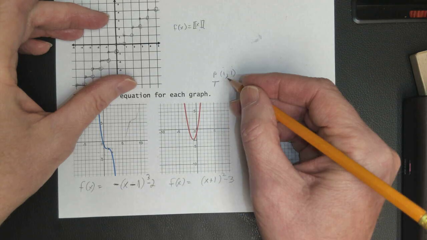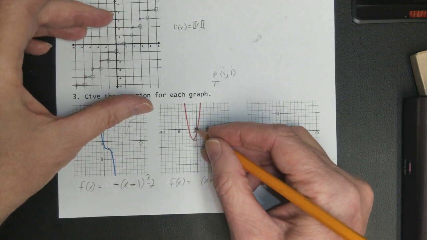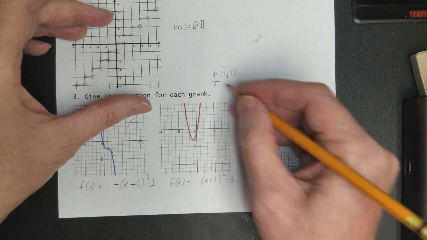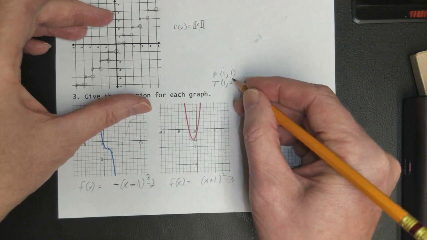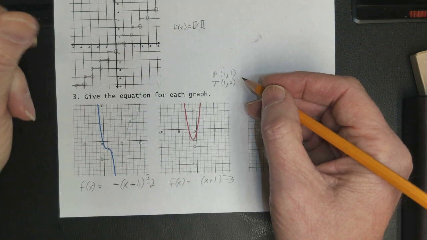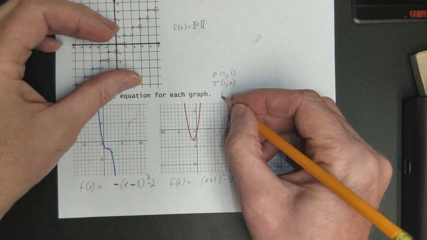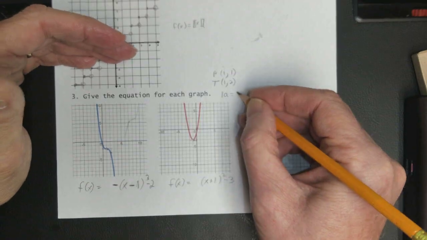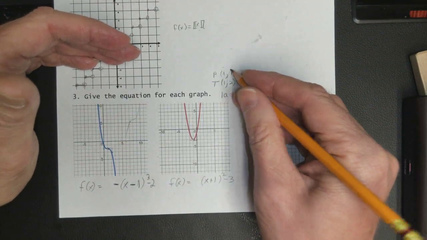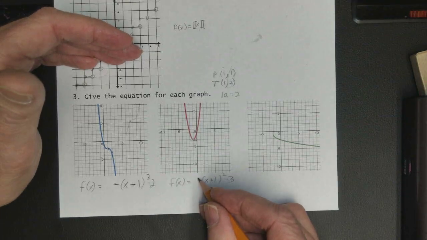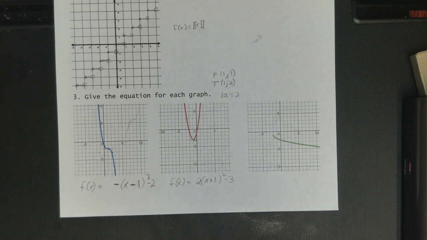The transformed function, if this were at the origin, is at 1, 2. So what's happening here is the parent function times the coefficient is equal to the transformed on the y's. So a is 2 here, and that stretches it.